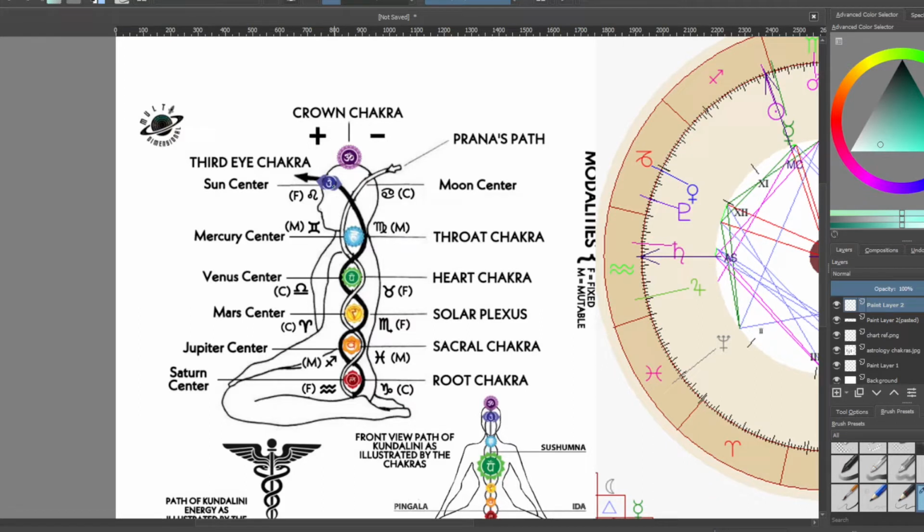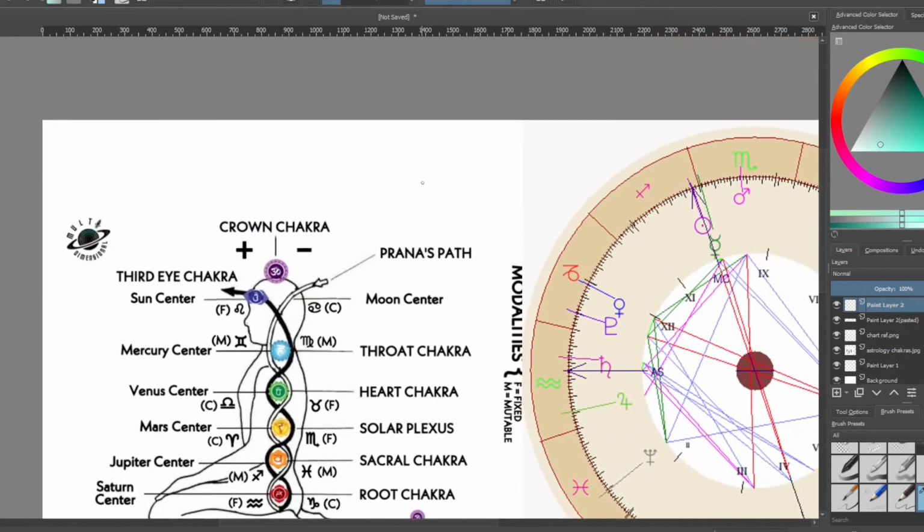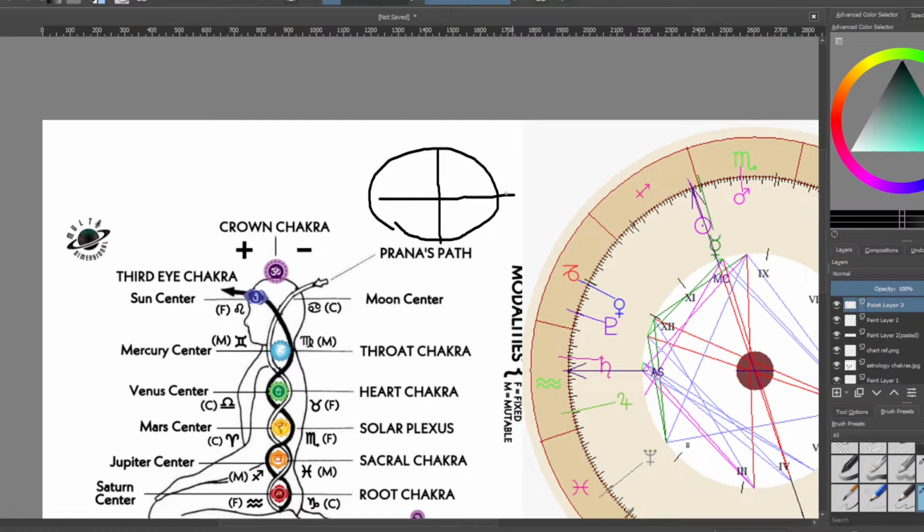Starting around here, excuse me. Now, if you look at a normal, let me grab my pen. One second. If you look at a normal astrology chart, it looks a bit like this.